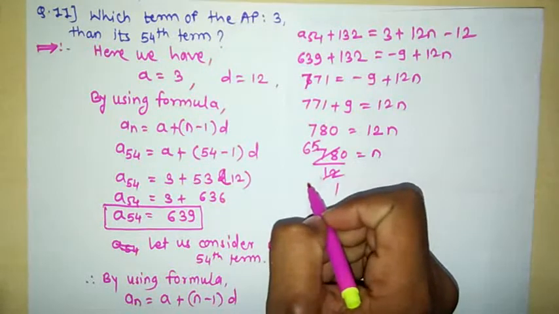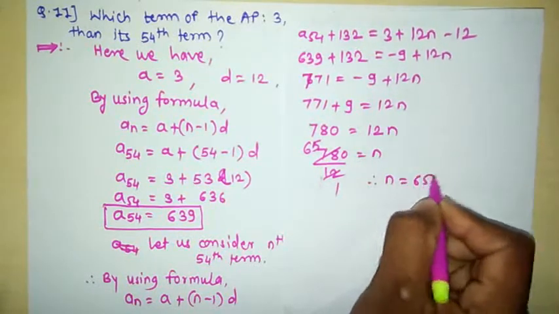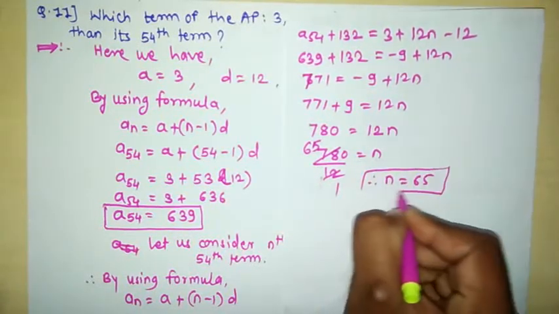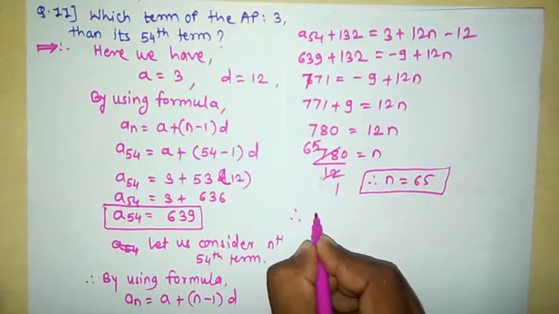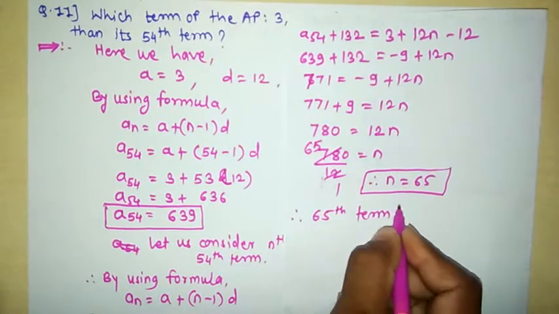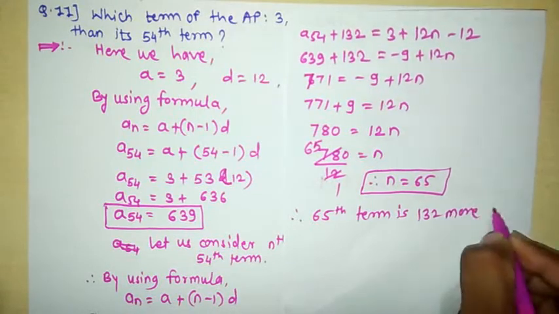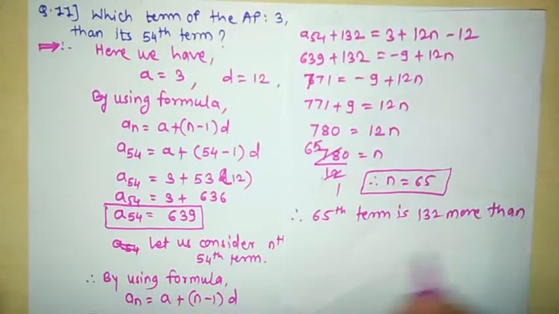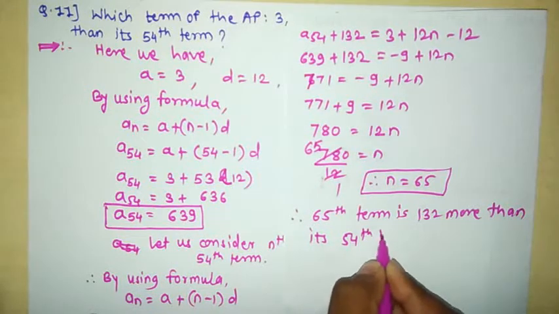Here we got 65. Therefore, n is equal to 65. Therefore, the 65th term is 132 more than its 54th term.